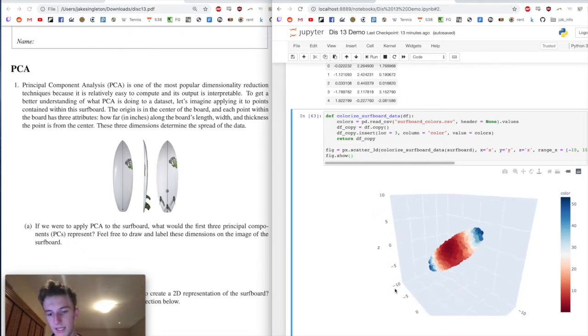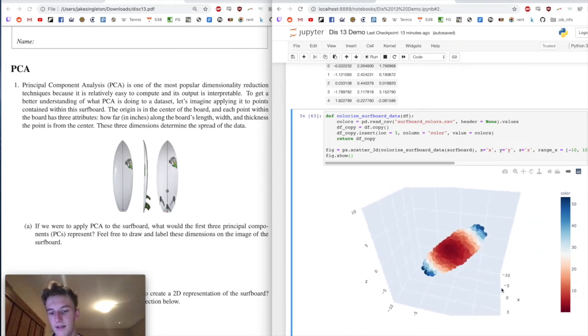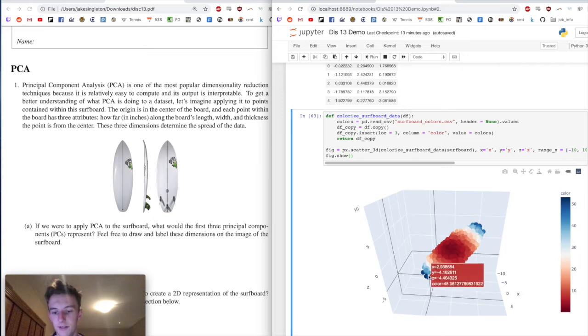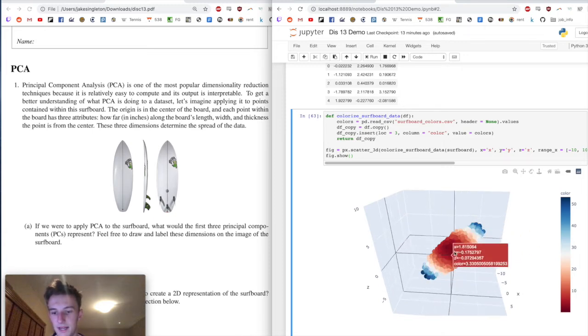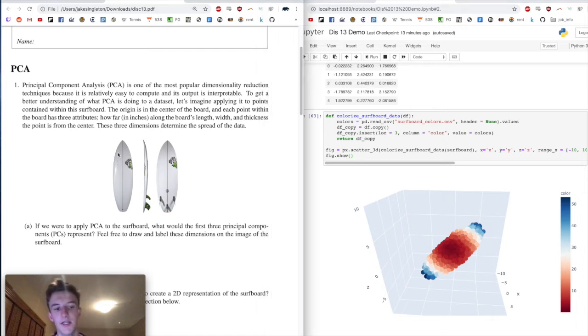From just looking at this plot, it's pretty clear that the points vary most along this length direction. If you imagine this surfboard is a set of points, the direction along which the data varies the most is this length direction. So that is going to be our first principal component.